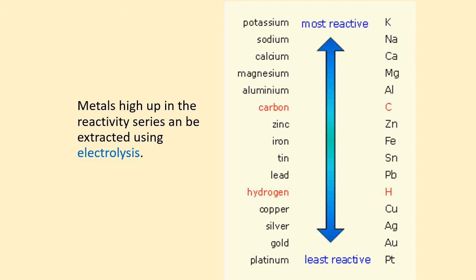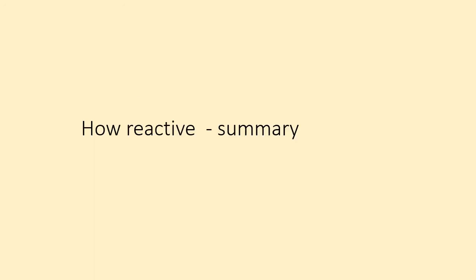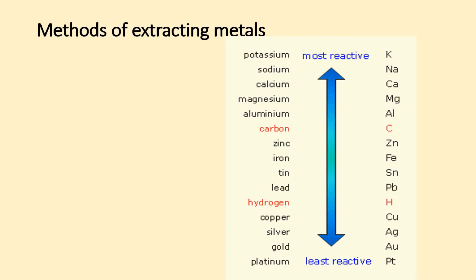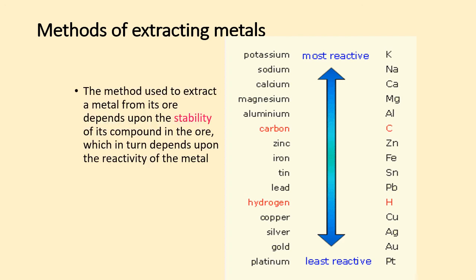Now, electrolysis is only used for metals high up on the reactivity series. So those ones have to use electrolysis: potassium, sodium, calcium, magnesium, and aluminium. So how reactive are metals? We'll summarize. And we can summarize this by looking at how different metals are extracted from metal ores. The method used to extract a metal depends on its stability.